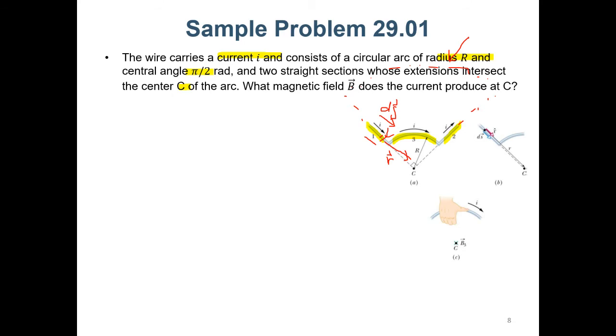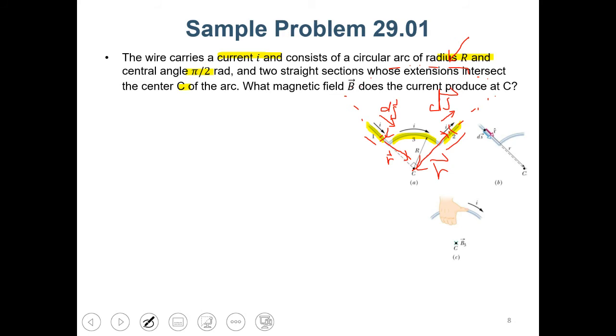And this is the same for segment 2. ds points to that direction, and r, the small r, points to this direction, and they point to the opposite direction, which means theta is 180.